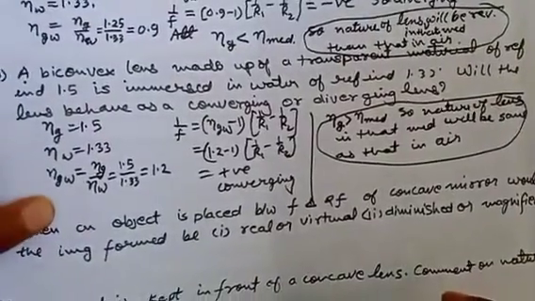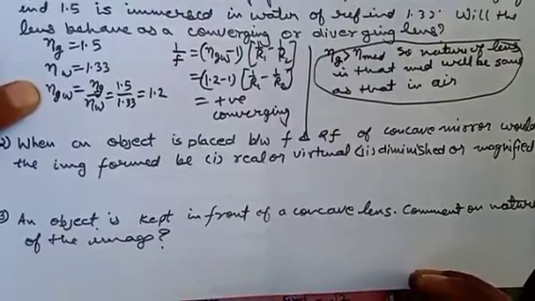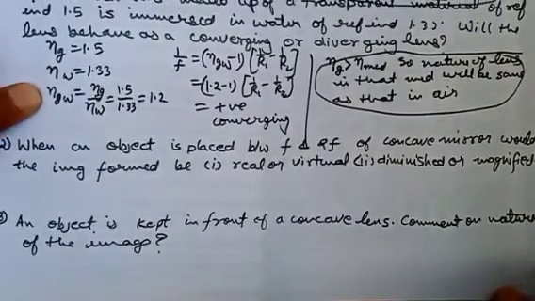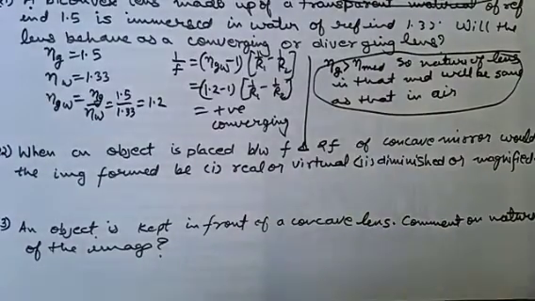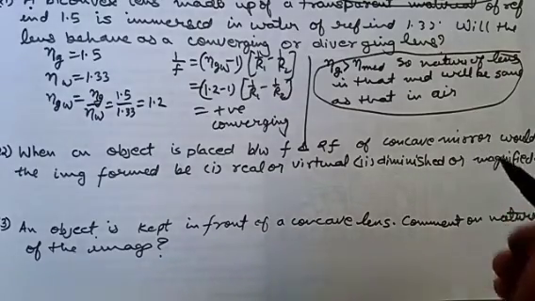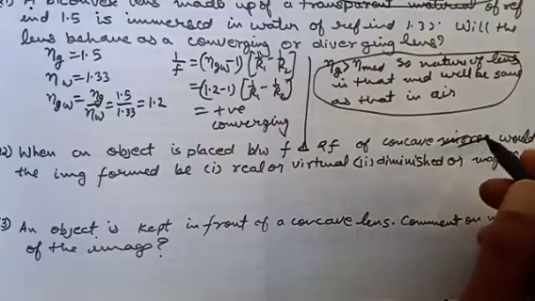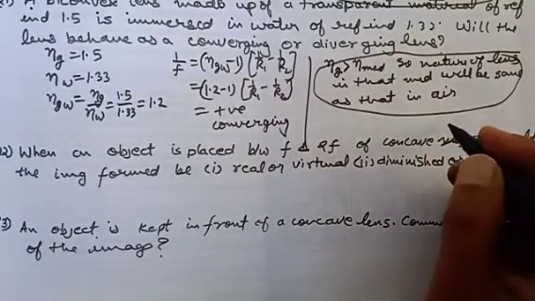Okay, so here I want to make a slight change in this question because, well, for this 2021 session, mirror topics are removed. So no problem, I'm replacing it with the lens.